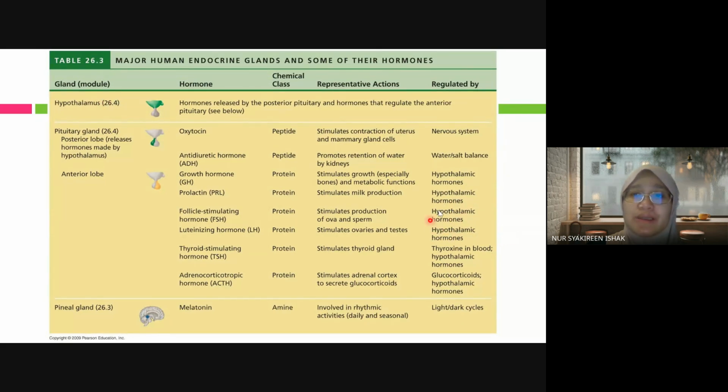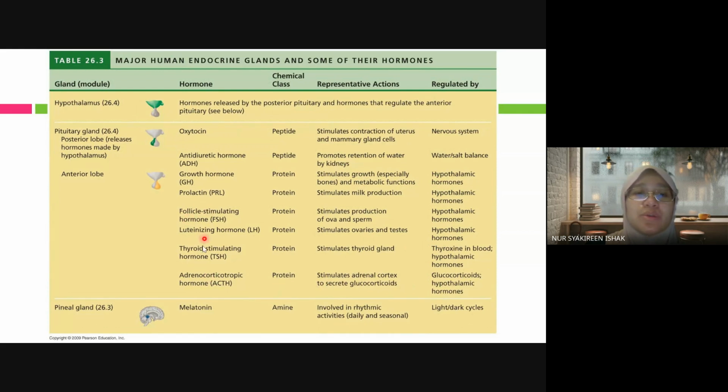That's why it says here it is regulated by hypothalamic hormones. The hypothalamus produces and secretes GnRH, which causes the anterior pituitary to produce and secrete FSH and LH.